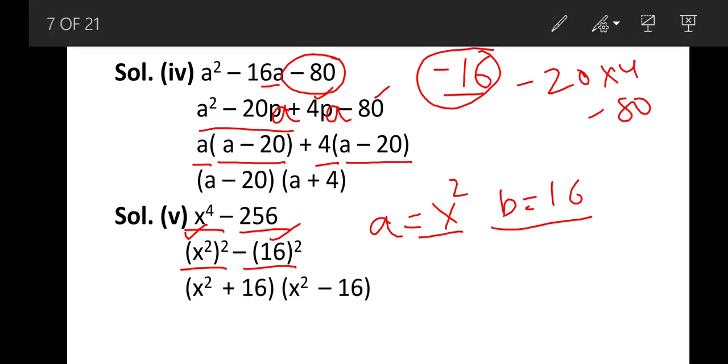Now further, dear children, if you observe this x square minus 16, this 16 can be written as 4 square. Now again after this step, we need to apply identity number 3. So it is not mandatory that in one question you will apply the identities only one time. Sometimes you may need to apply an identity 2 times.